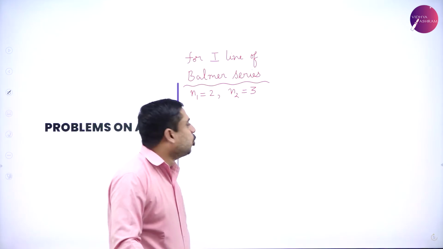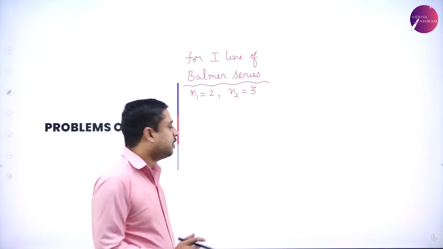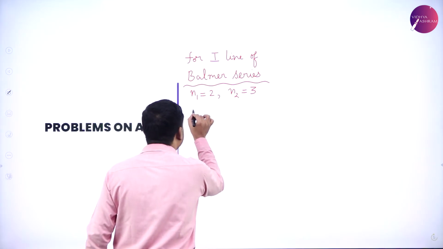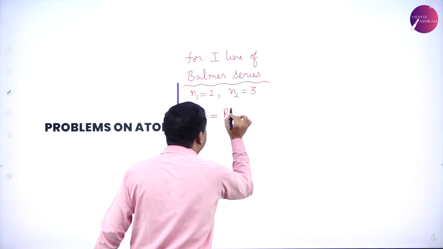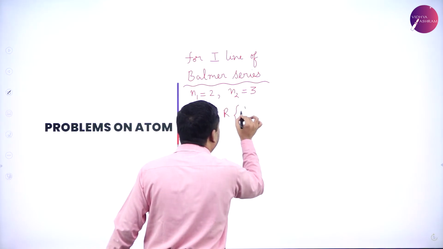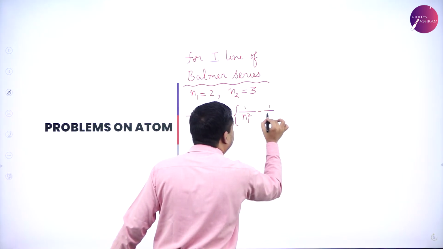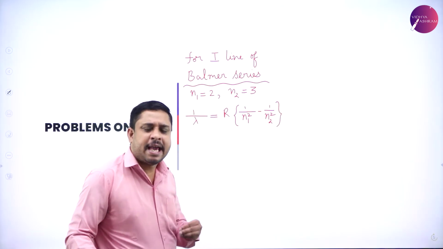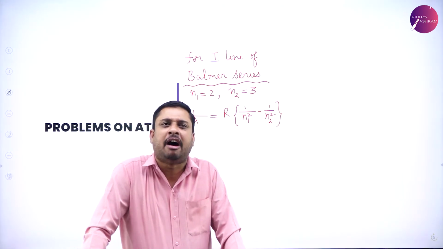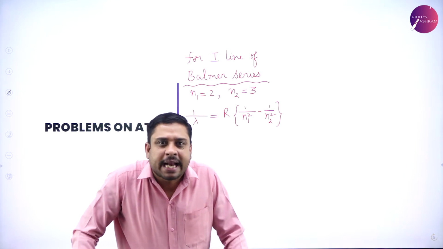N1 is 2, N2 is 3, which means again 1 by lambda is R, 1 by N1 square minus 1 by N2 square. The same empirical formula, just changing up N1 and N2.